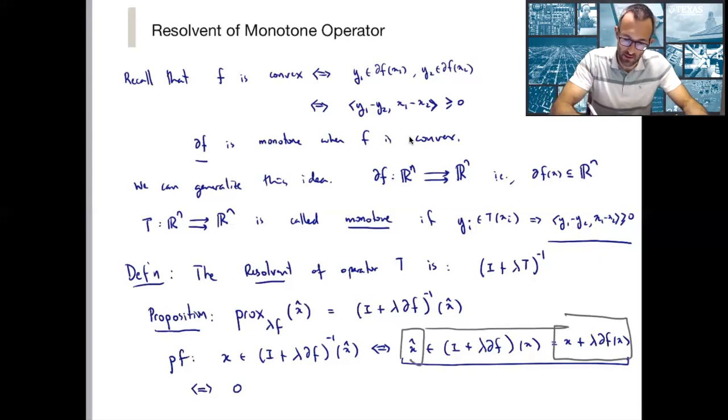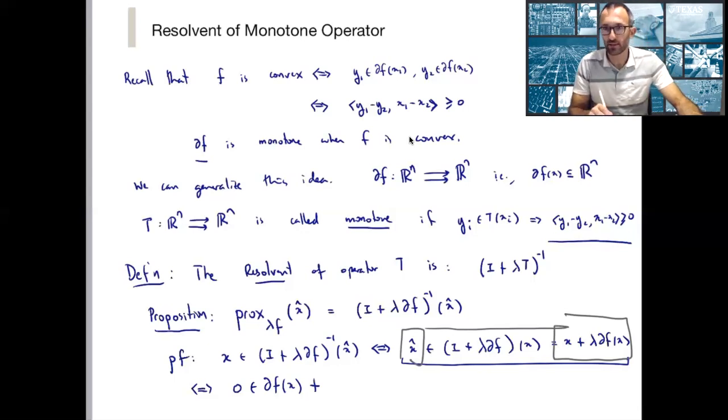Look at this part right here. In order to get the subdifferential, I have to divide through by lambda, which is fine because I have a 0 here. So 0 is an element of the subdifferential of f at x, plus 1 over lambda times (x minus x hat).